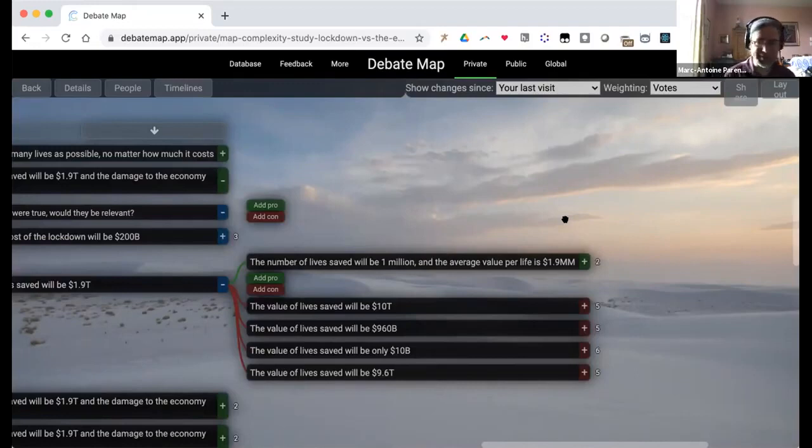In an ideal world, what I would want is for people to have three cursors with a range, saying, I think the economic impact will be between this much and that much, and the number of lives affected will be between this many and that many, and the conversion factor is between this much and that much.